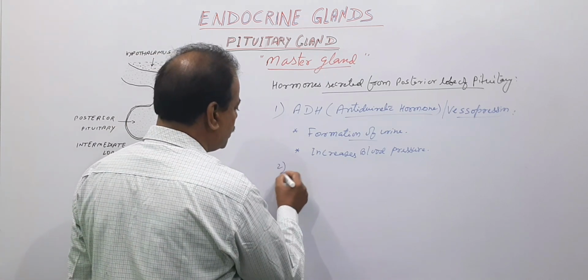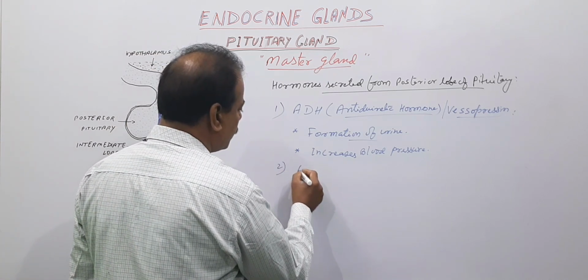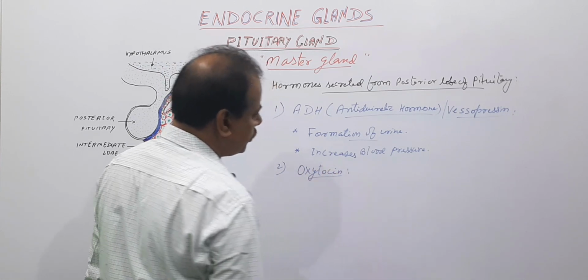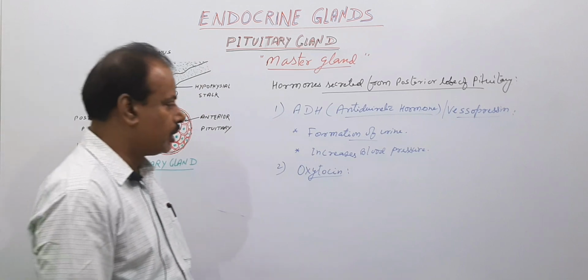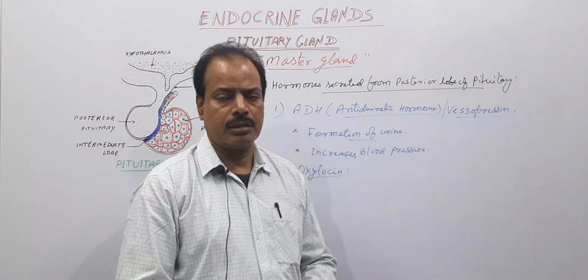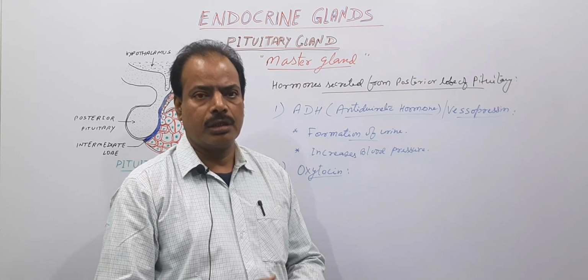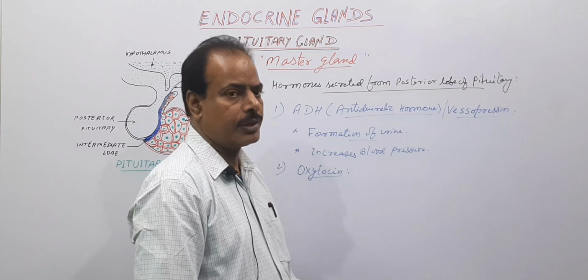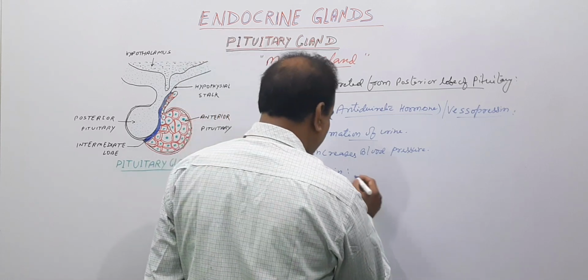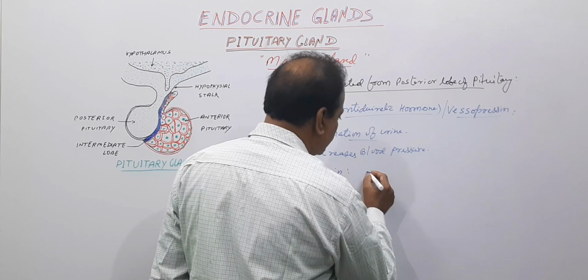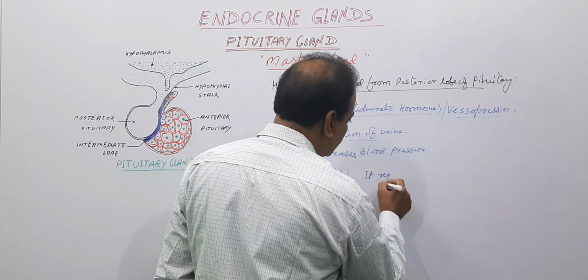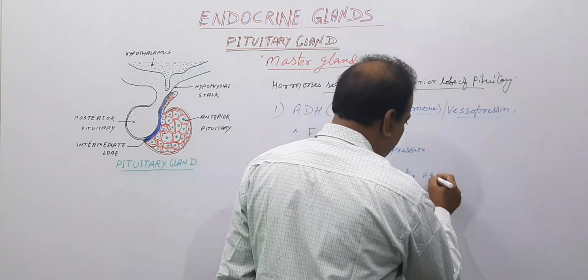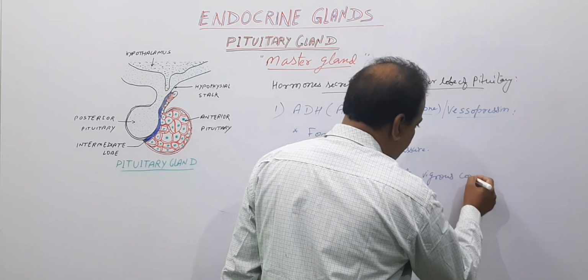And the second hormone which is secreted from the posterior lobe is oxytocin. Oxytocin helps in vigorous contraction in the uterine wall during childbirth, which is also known as labor.